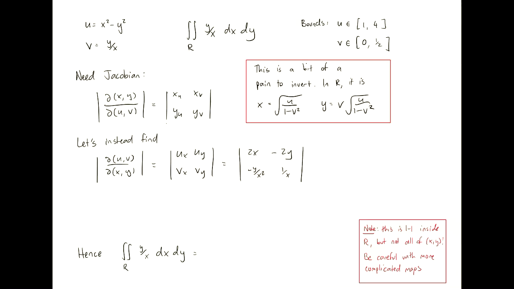You can all calculate that, which gives me 2 minus 2y squared over x squared, which is 1 minus v squared. This is actually a place a lot of people go wrong when they write up solutions, is they forget to write their answer in terms of v. Don't forget this.